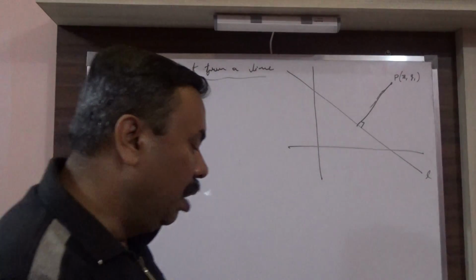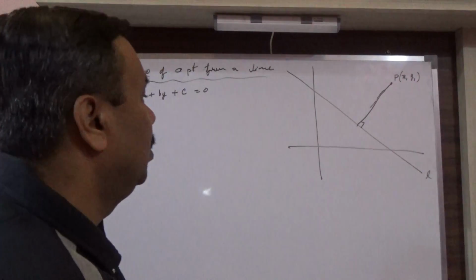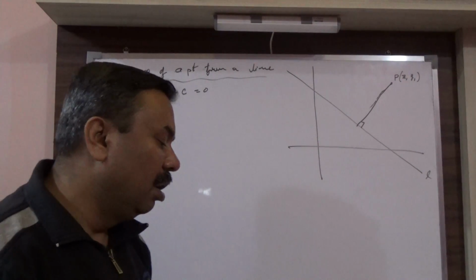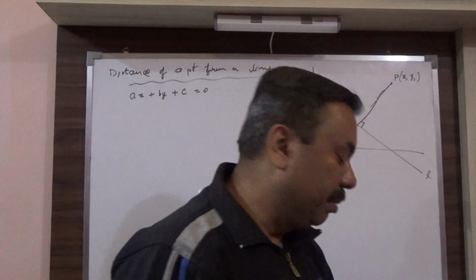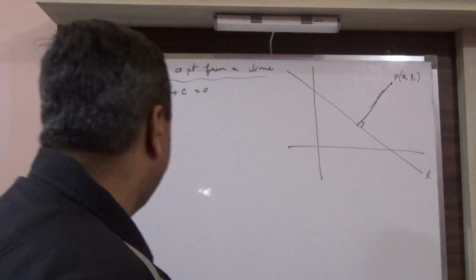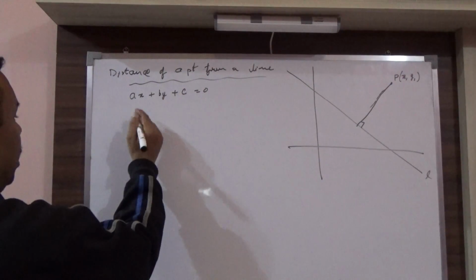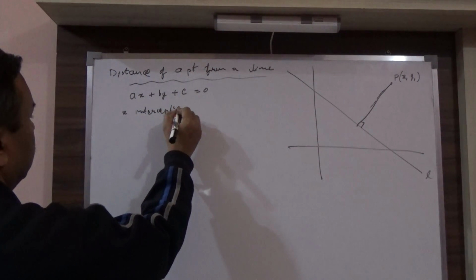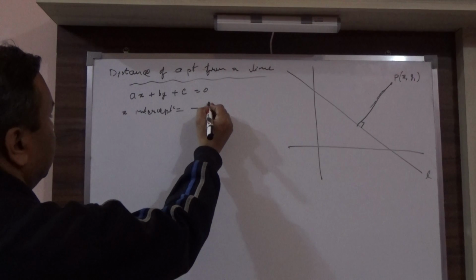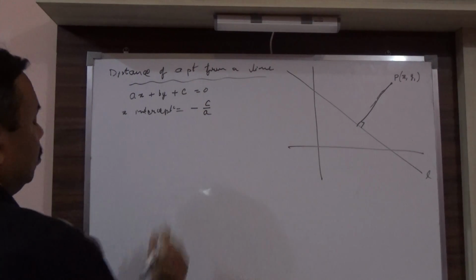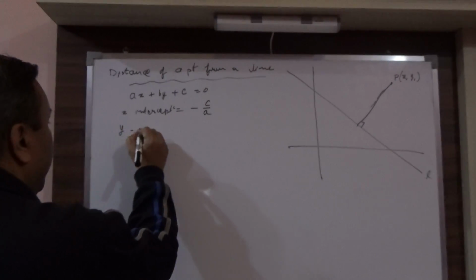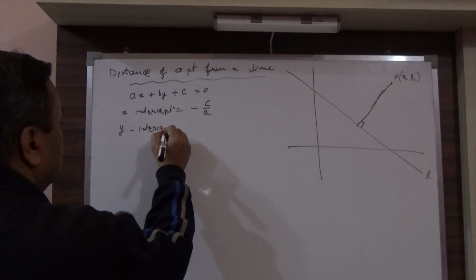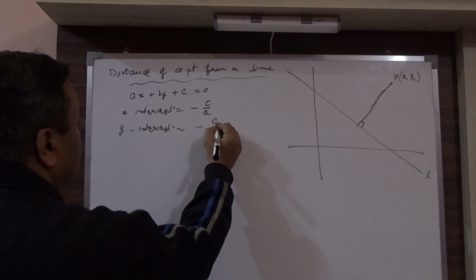Okay, now what will be the x-intercept and what will be the y-intercept? First of all, if this is the line, then what is the x-intercept? That is minus c over a. Similarly, what is the y-intercept? That is minus c over b.